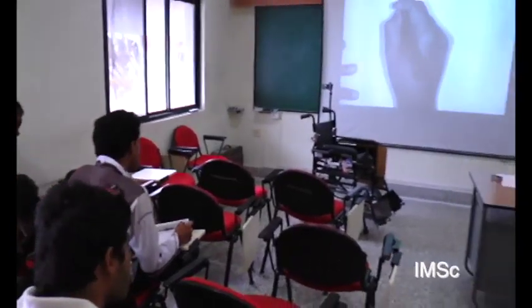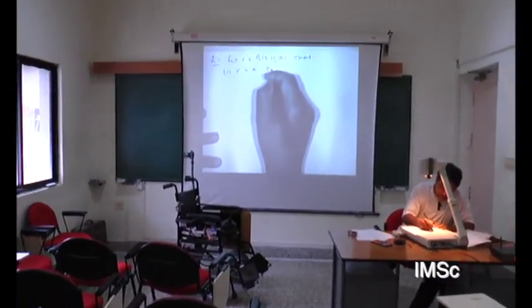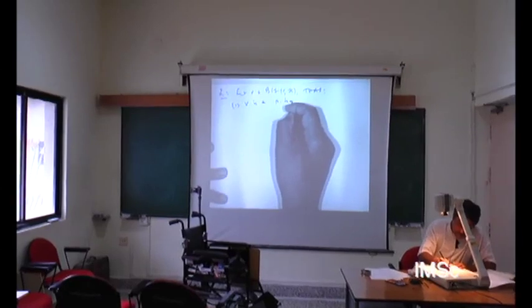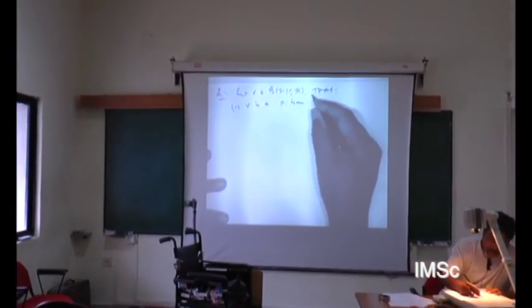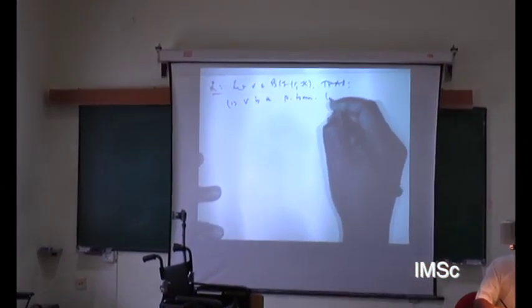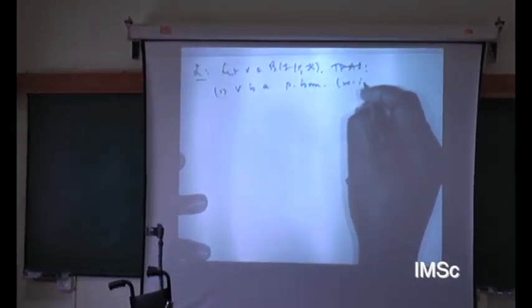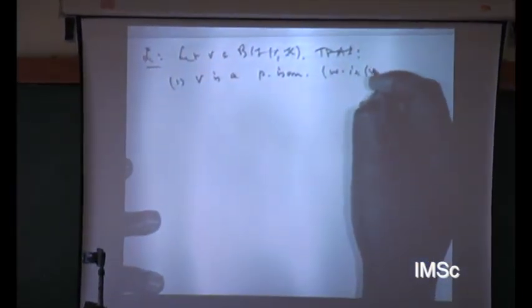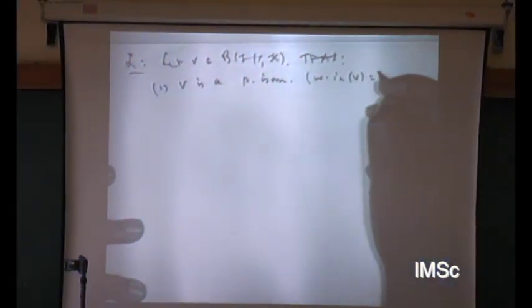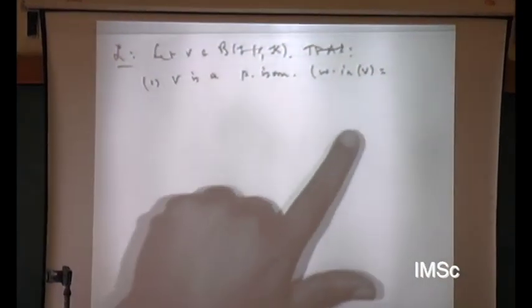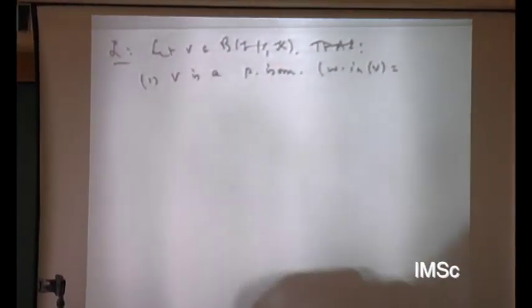First, V is a partial isometry with initial space, suppose the initial space I denote by M. I'll use this notation for both the initial projection and the initial space.